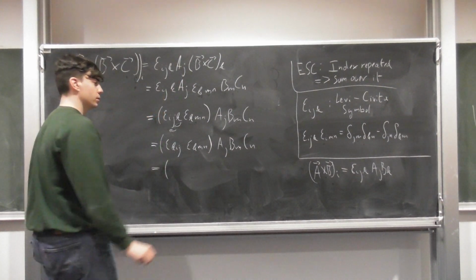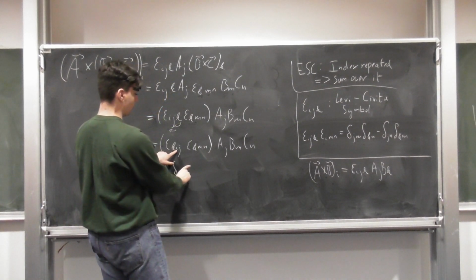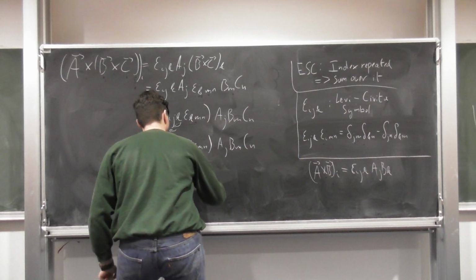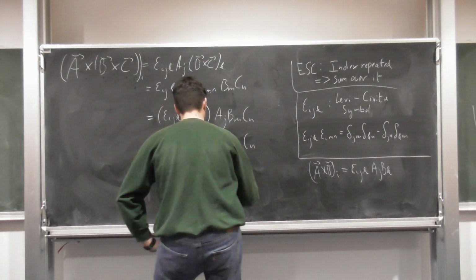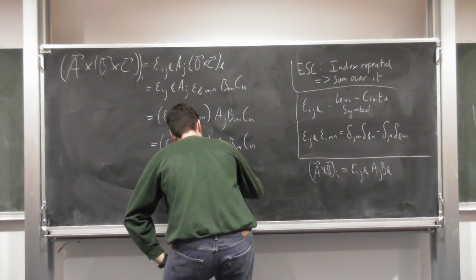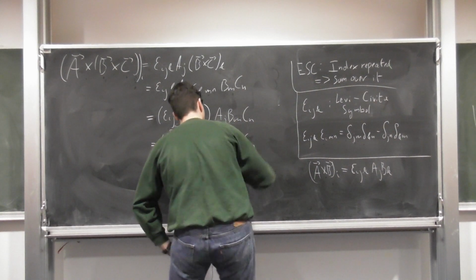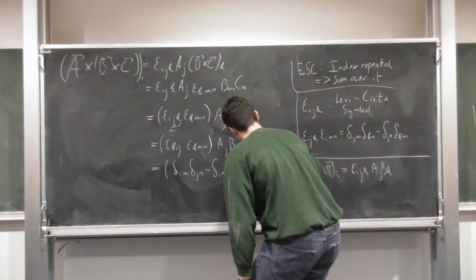That's going to be equal to delta of the second from this one and the second from this one, so that's delta im, delta jn minus delta in delta jm, times aj bm cn.